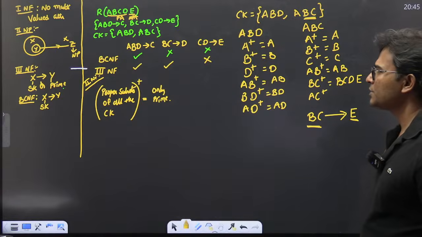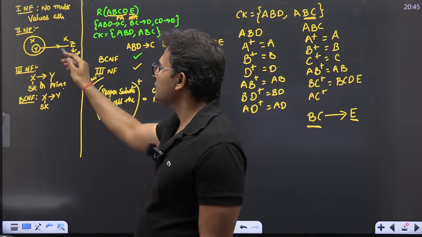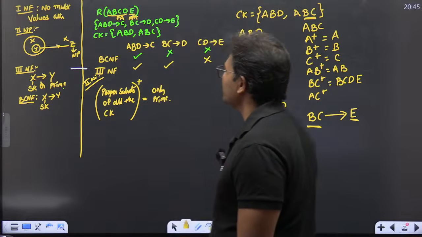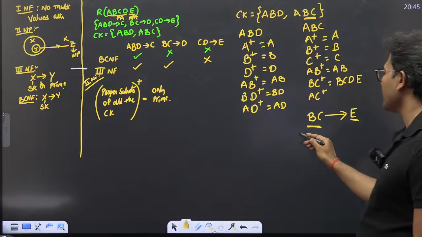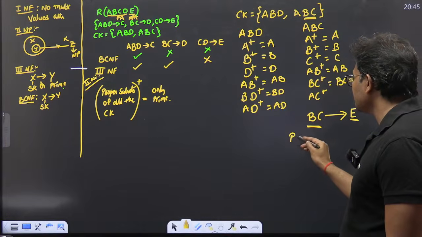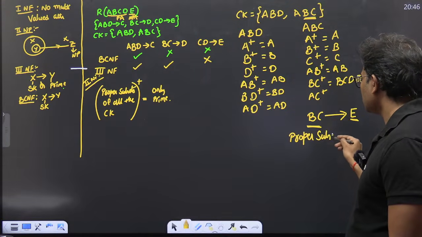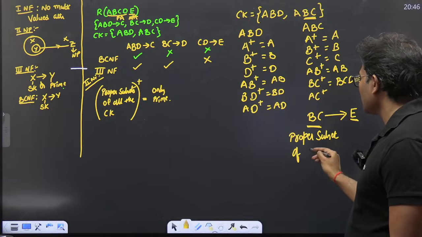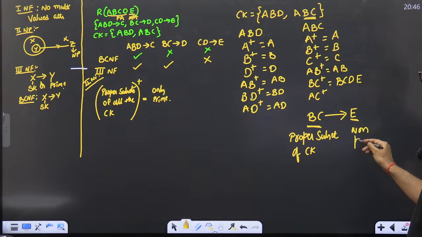Now, what is a partial dependency? A partial dependency is a part of the candidate key determining a non-prime attribute, right? So here a proper subset of the candidate key is determining a non-prime attribute.